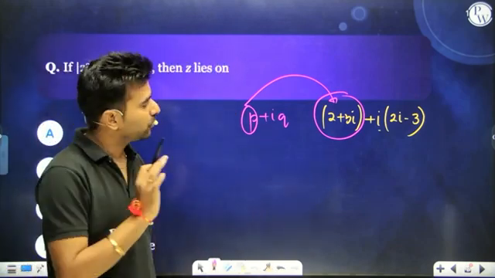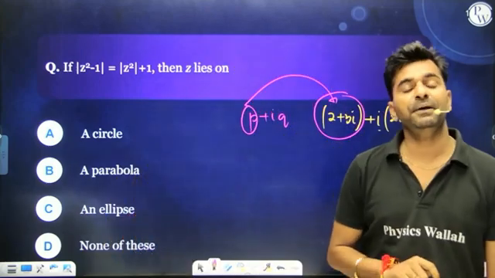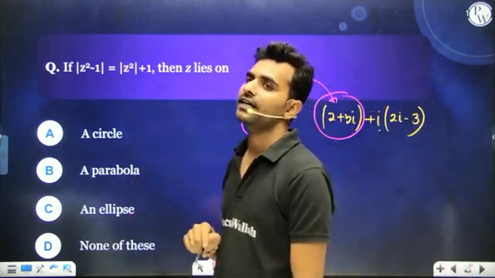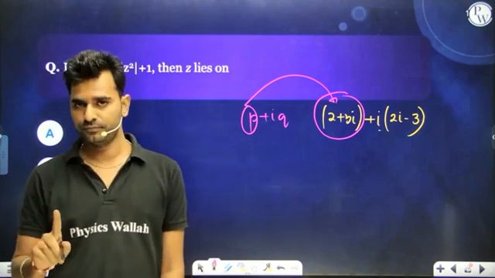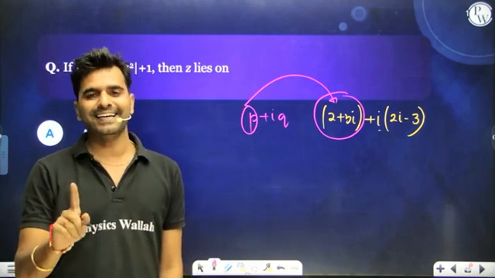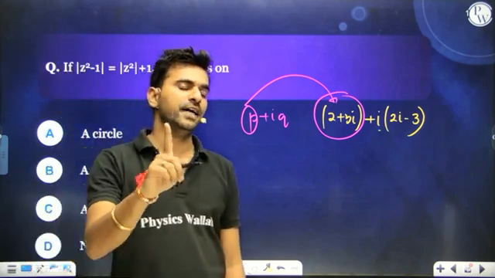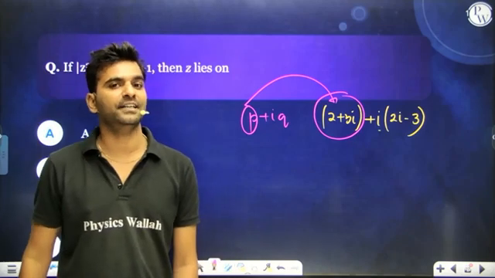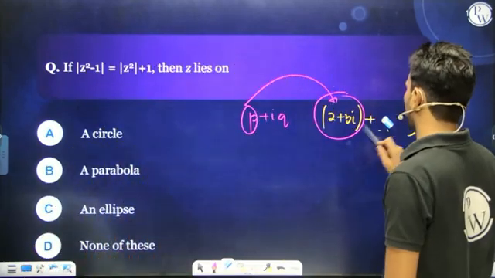Yes or no? So look, if p plus iq is given and it is not given to you that p and q are real numbers, then you cannot take the real part of the complex number as p and the imaginary part of the complex number as q. You cannot take that. Only in the case when p and q are given to you as real numbers, only then you can say that the real part of the complex number is going to be p and the imaginary part of the complex number is going to be q. I hope the point is clear to all of you guys.